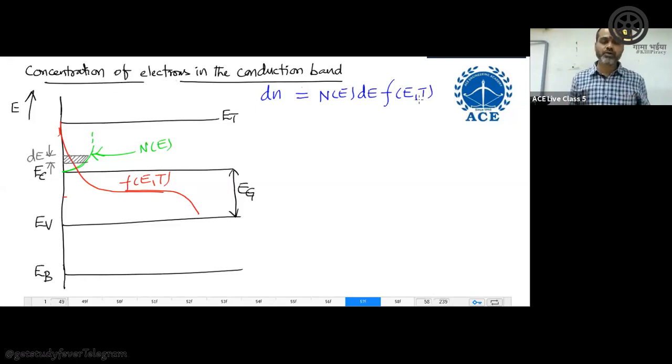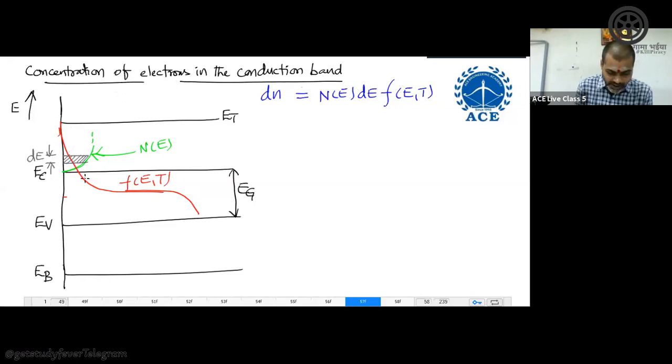Now, once I know this value, then you go for integration over the conduction band. That is what we can do now. Can you identify in this graph where I can represent this dn? It should be common to N of E, dE, and F of E comma T. We can very clearly see N of E is this one, dE is this. So whatever the shaded area, that is going to be N of E into dE.